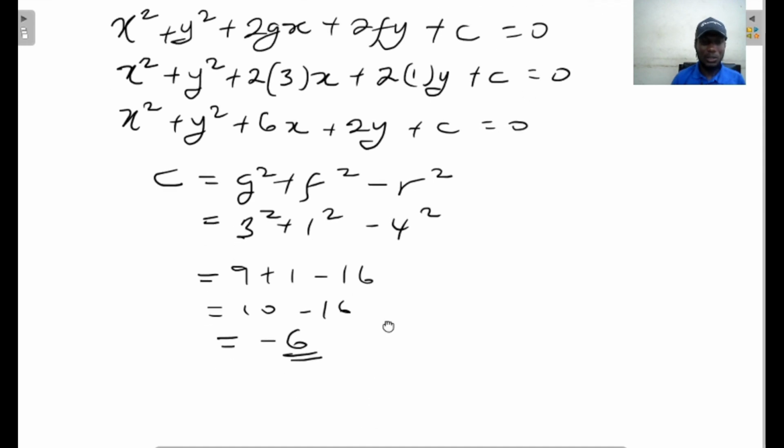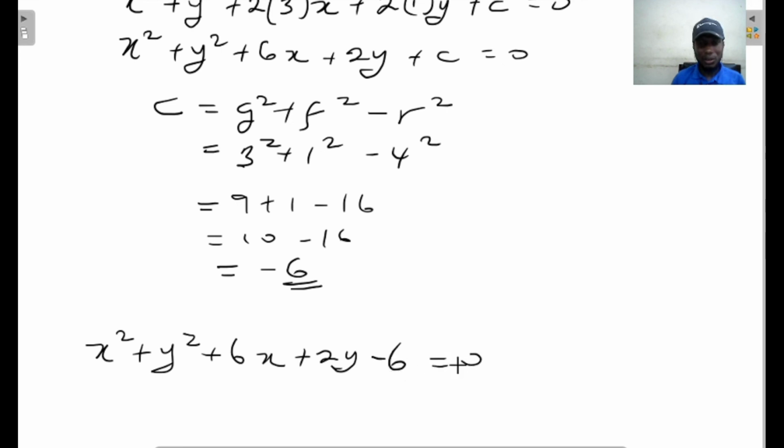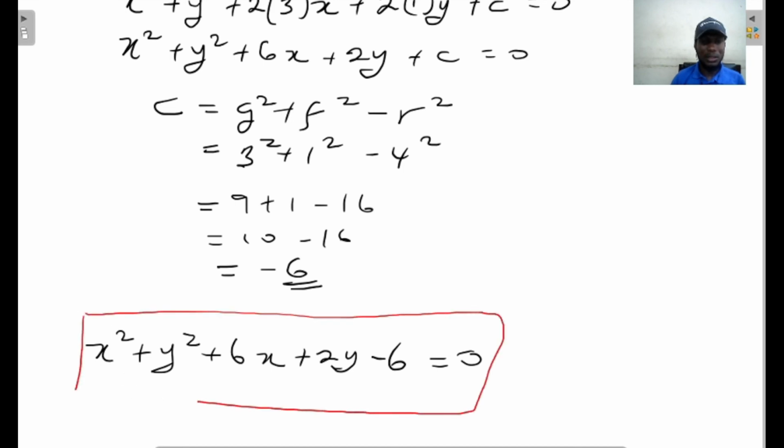So our equation now becomes x squared plus y squared plus 6x plus 2y minus 6 equals 0, which now will be the same as the answer we got from the one I asked you to solve on your own.